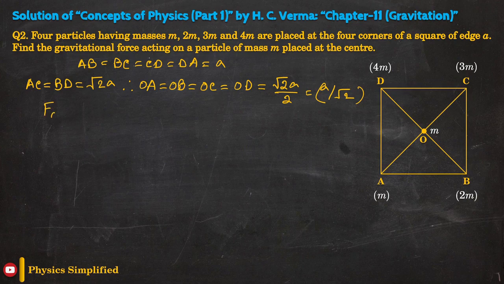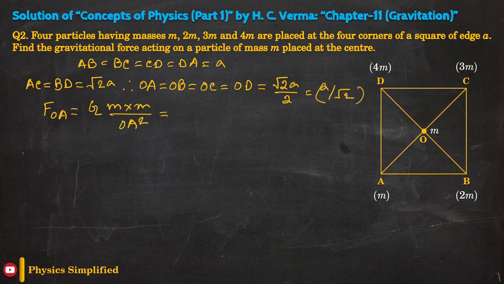To express this force, we will use this type of notation, F suffix OA. So F suffix OA represents the gravitational force exerted on mass m at O by mass m at A. This will be equal to, according to Newton's universal law of gravitation, G, the product of the two masses, divided by the distance squared.